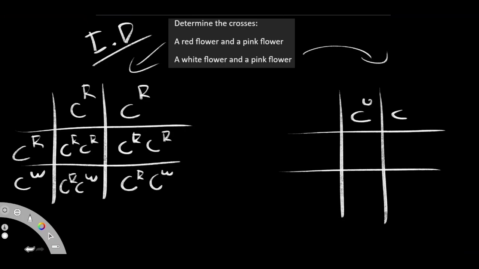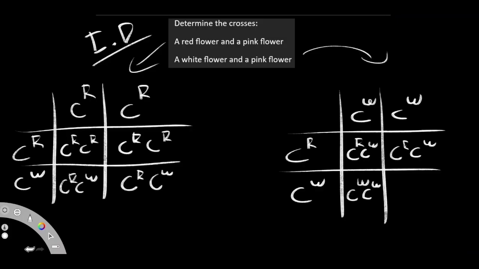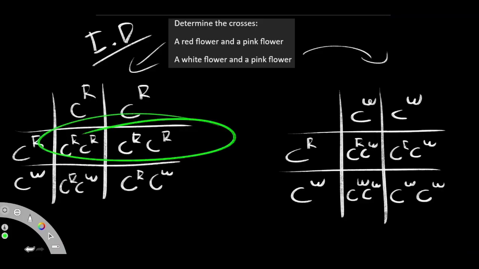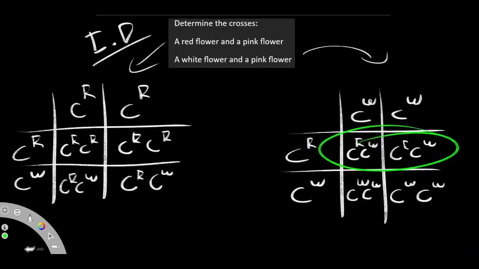The white flower is homozygous for the W's, and the pink one is the heterozygous one, CRCW. So you get CRCW, CRCW, CWCW, and CWCW. The first cross is 50% red, 50% pink possibilities, and similarly this one is 50% pink, 50% white.